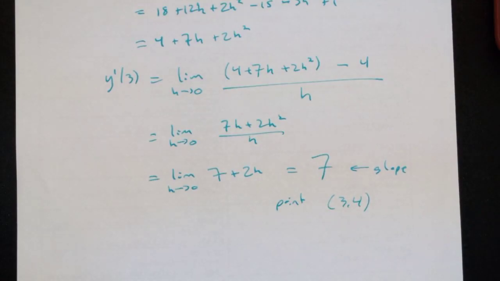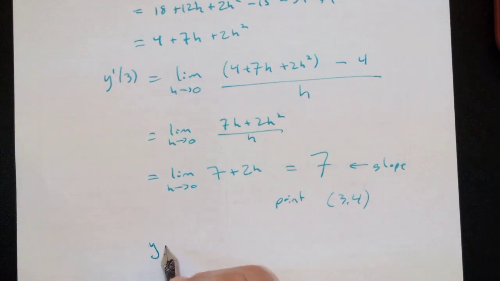I need to now find the equation for the line. You can do y equals mx plus b, because we have y and x and m, and then you solve for b. Or you can do y minus y0 equals m times x minus x0, since you have an x0, a y0, and an m. I tend to think of it that way. I have a point and a slope.